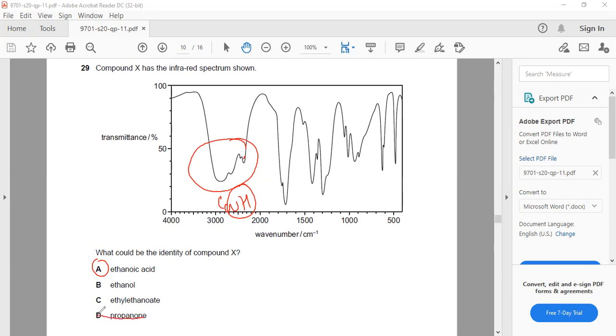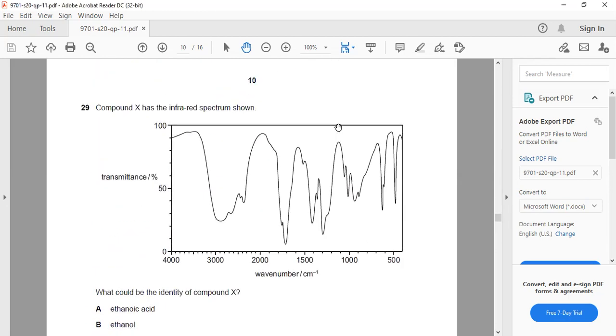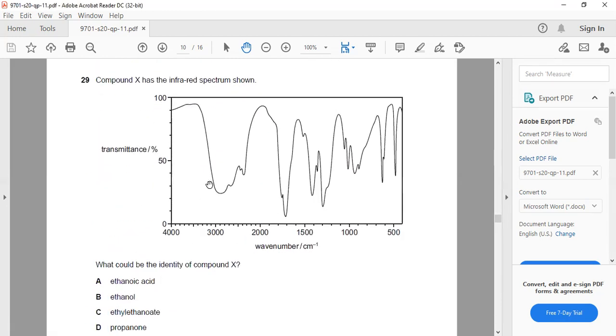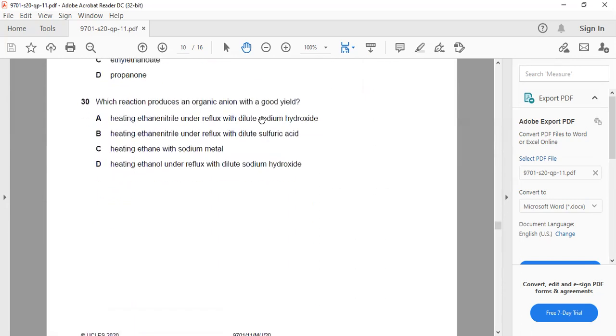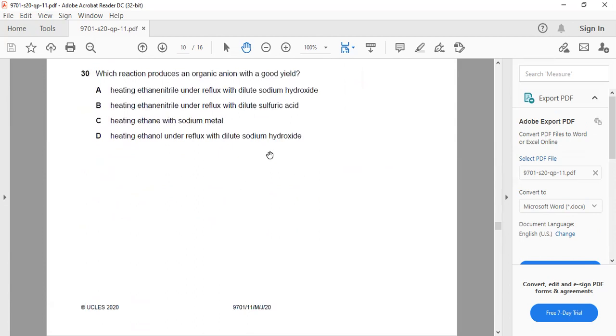It cannot be a ketone, it cannot be an ester, because this broad peak around 2500 to 3000 is due to the carboxylic acid OH bond. For an alcohol, ethanol, the OH peak starts above 3200.